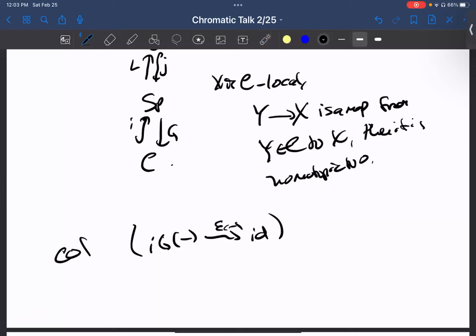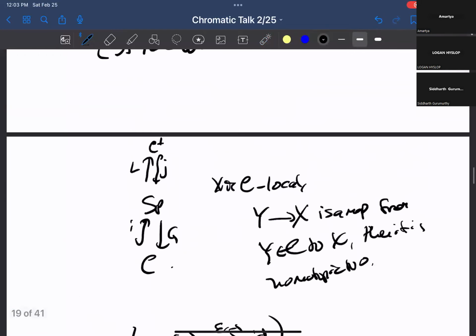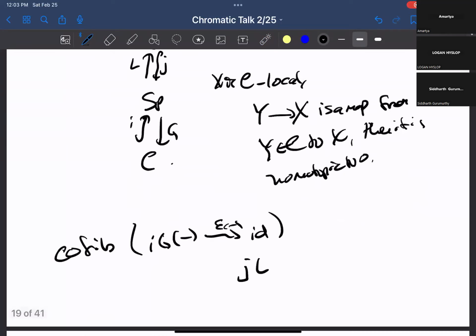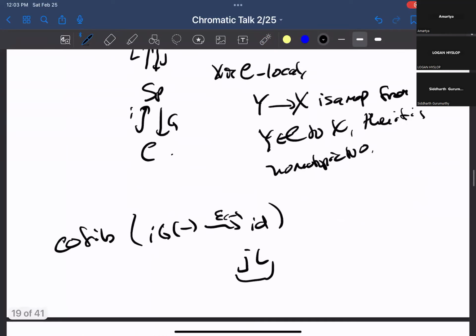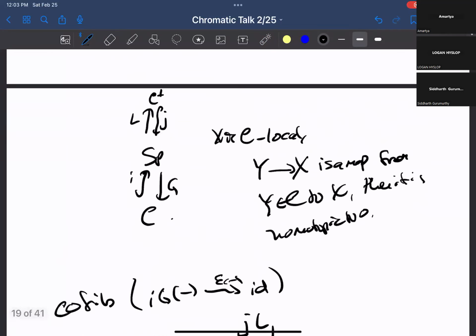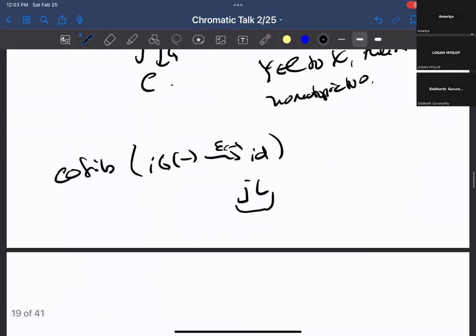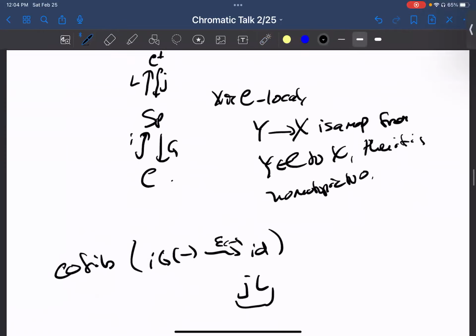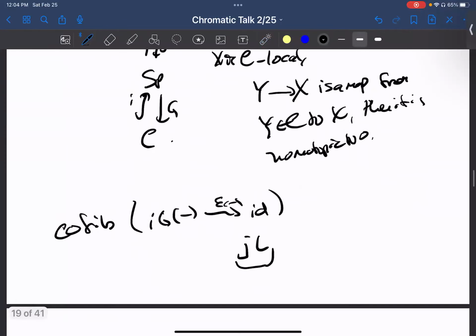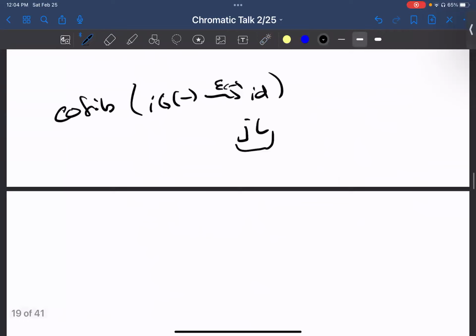And we're going to take the cofiber of this map. And this is what we're going to call JL. So C dual can also be defined as the essential image of this endofunctor. And then we get these two functors for free, which participate in this adjunction. And one can see that it's a localization by certain facts that you can do for L being some idempotent functor.